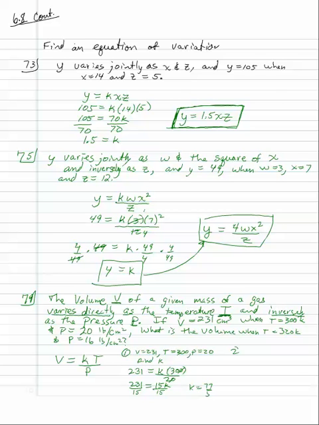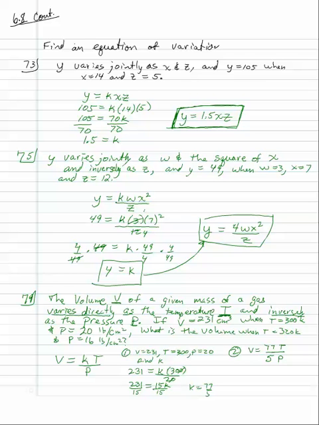Okay, so now step 2, I'm going to write the equation. V equals 77 over 5 times T over P. Now I just write 77 over 5, I would just put the 77 on top, 5 on bottom, same thing.